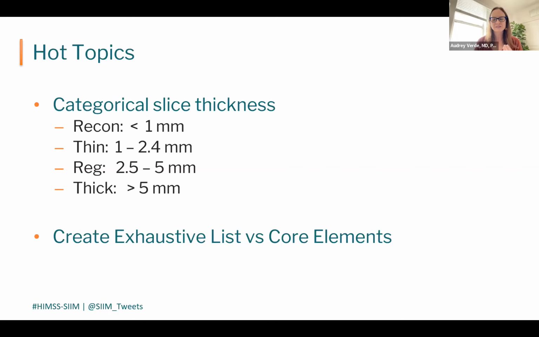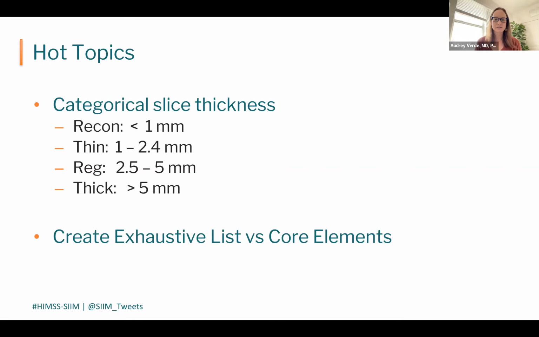And then the other thing we talk about often is just the underlying philosophy of this work. Do we go at this with the philosophy of creating an exhaustive list of options of series name elements and series name element definitions, so that we can fit any type of exam, be it academic or private, which is going to be a giant task?